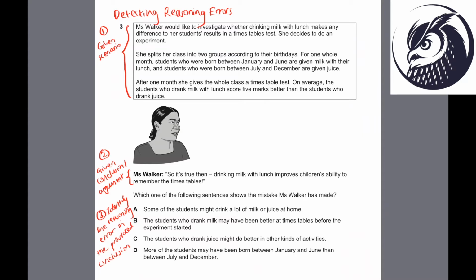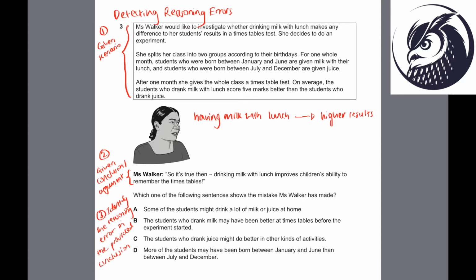So what we want to do now is basically write out the conclusion in some sort of flow chart, just to make it a little bit easier to interpret. So what I might do is say having milk with lunch, that's going to lead to higher results or higher marks, okay?